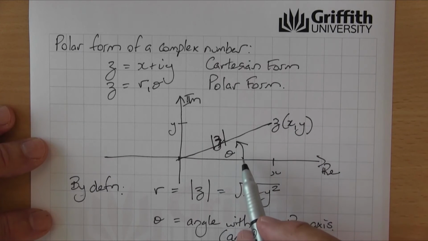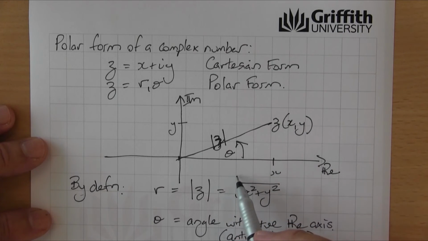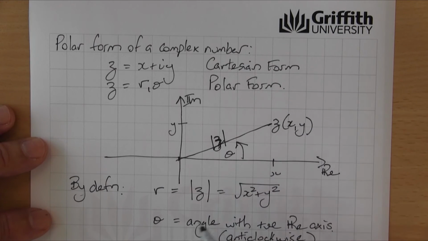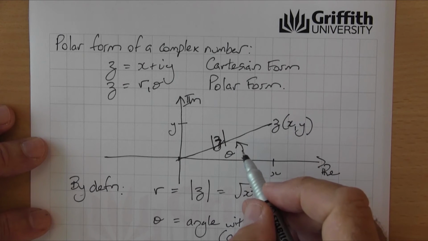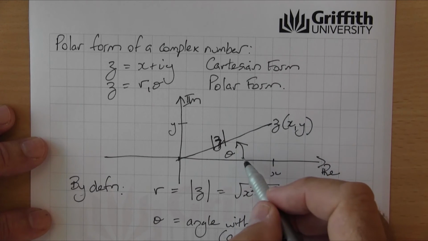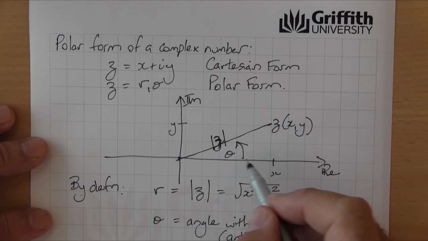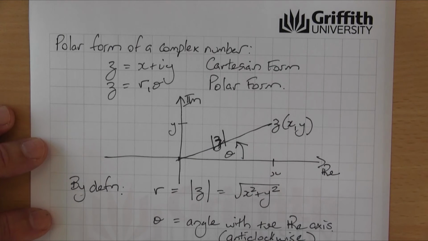If you wanted to go here for theta, this is the clockwise, and theta would be a negative angle. So we won't worry too much about that at the moment. We'll just look at theta starting at the real and going out this direction, the anti-clockwise direction. So the angle from there to there would be theta.